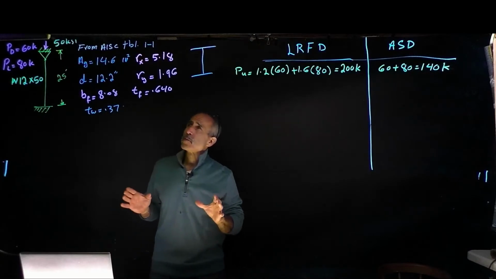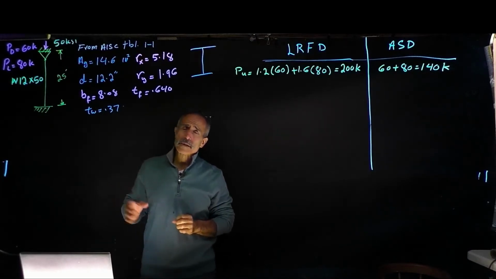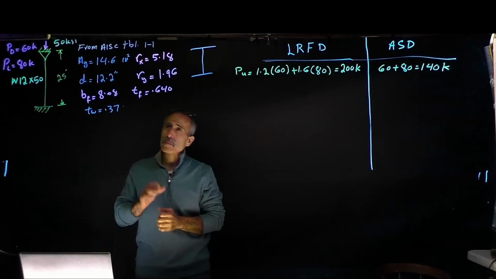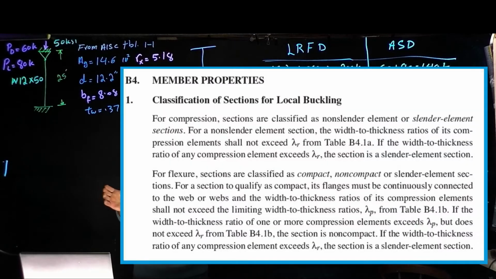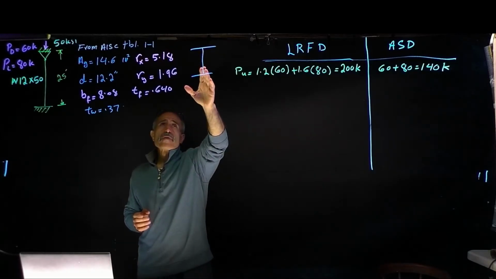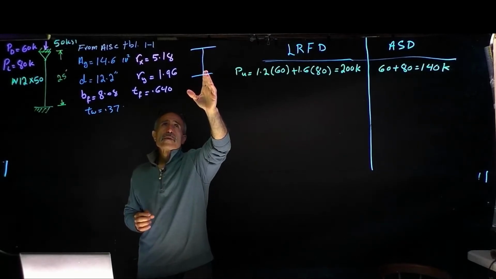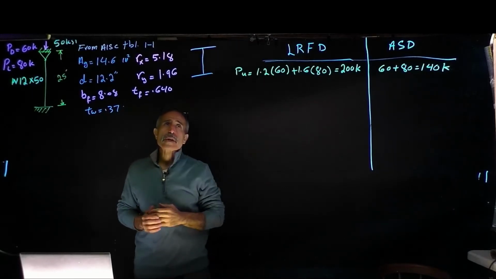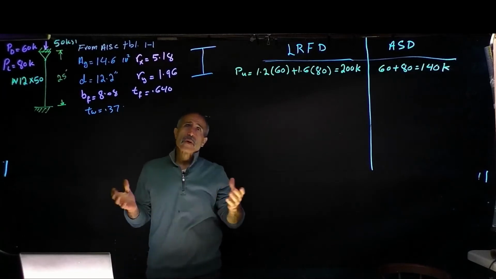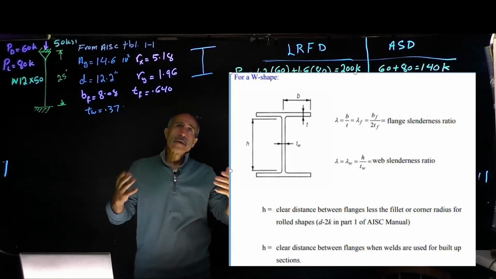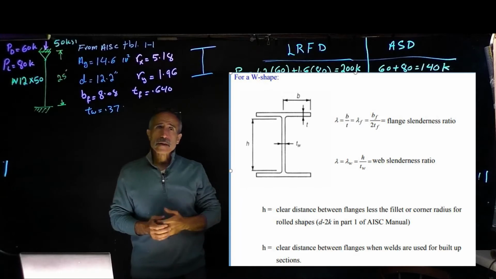One of the first things we want to do is check for local buckling. Take a look at what I have on the board here. We worry about this especially in W shapes. We have the flange and the web, and we want to know the width to thickness ratio, which we call lambda, which has to be less than lambda r.